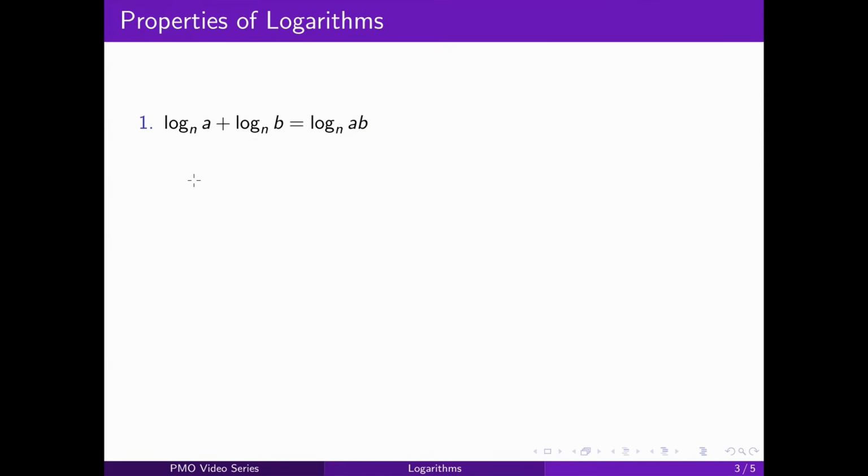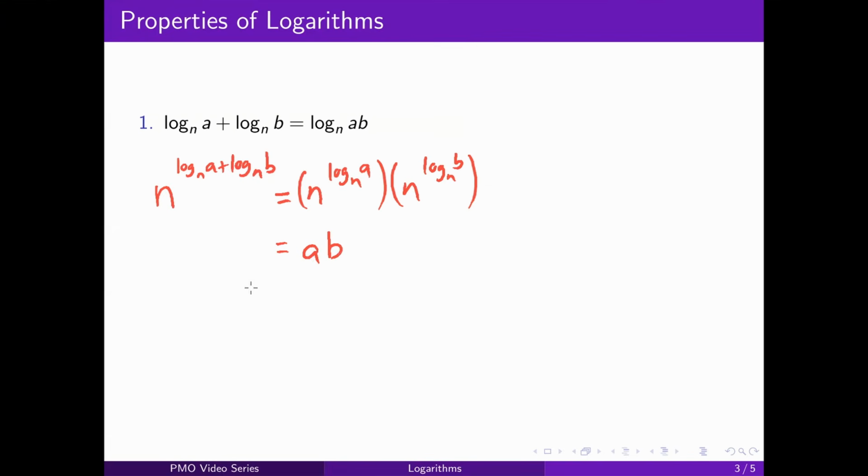So why does this work? This property works because if you take n raised to the left-hand side, using the laws of exponents, you can split this as the product of two exponents. But by the definition of the logarithm, the first one is a, and by definition of logarithm, the second one is b.